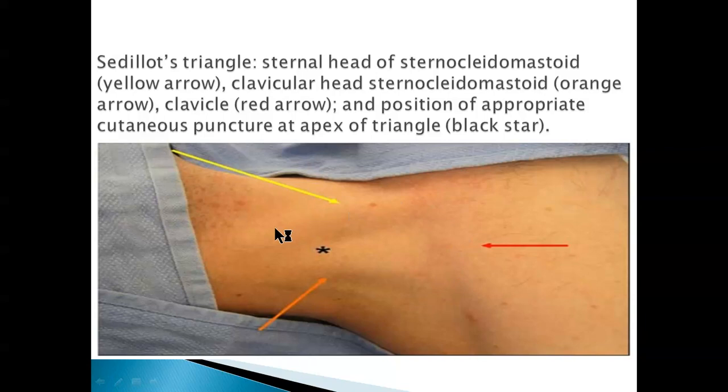So this is how the triangle is formed, and for internal jugular vein cannulation, you can go at the apex, somewhere here. So this is the use of the triangle to find the internal jugular vein. Here is the neck, and here is the clavicle, forming the base of this triangle.